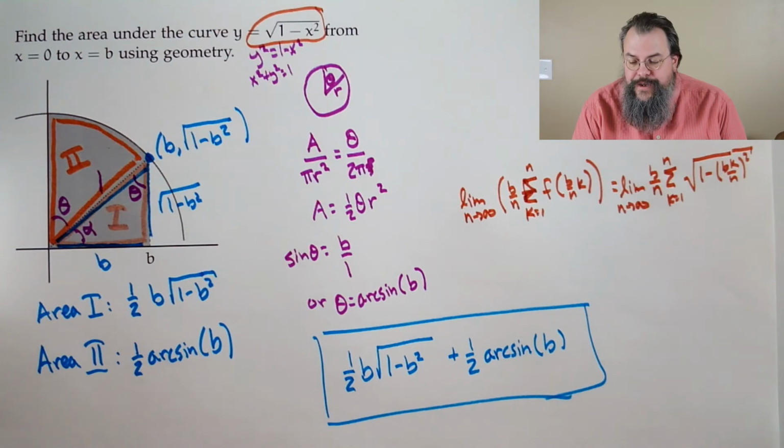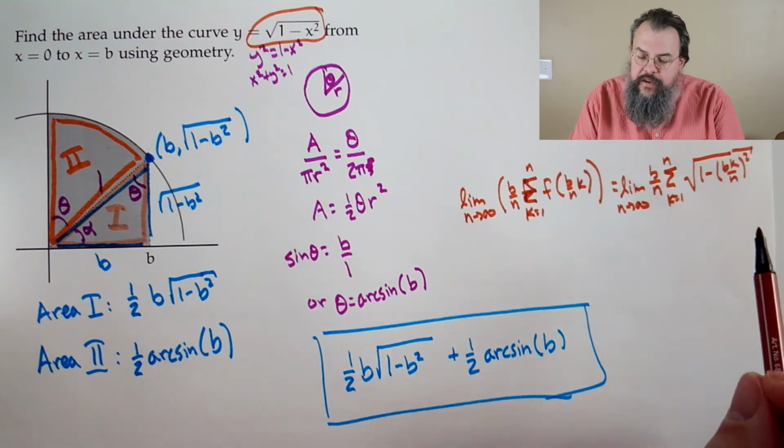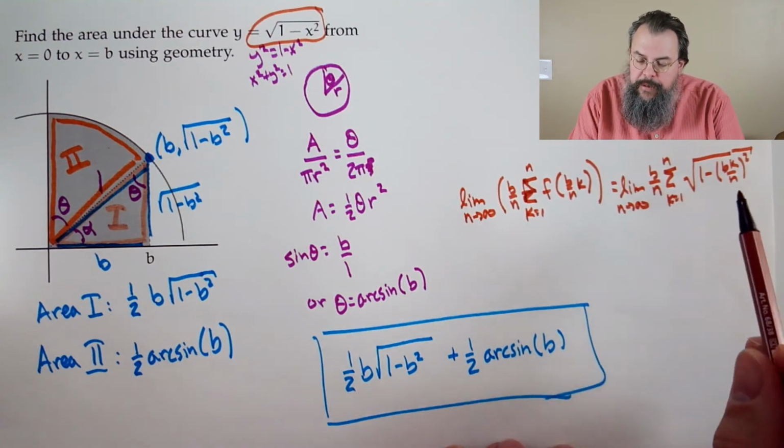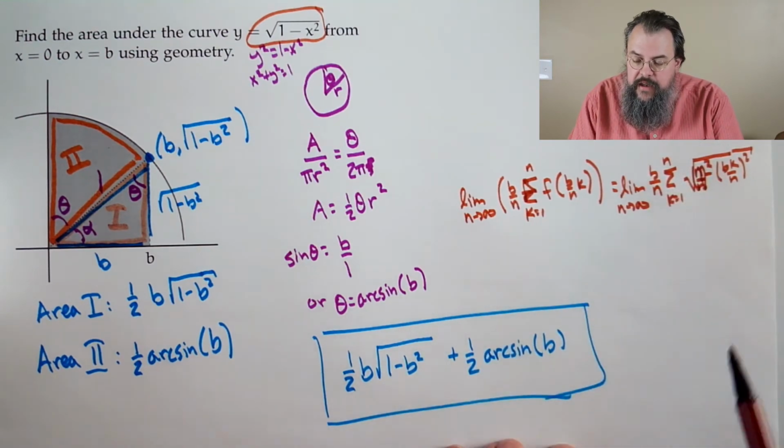Okay, so now what? Well, now what we can do is we can get a common denominator. We could write this as n over n squared on the inside.